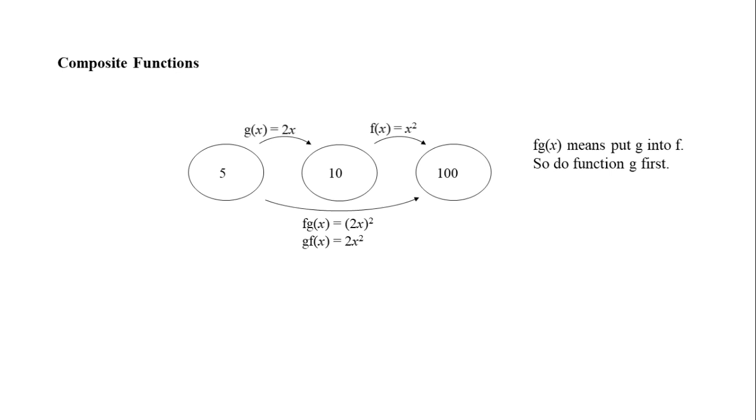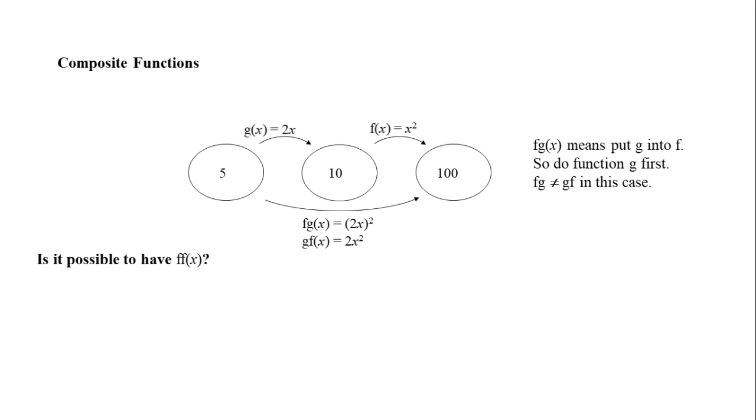G of f of x a while ago means put f into g. Now, put g into f. So do function g first. So f of g is not equal to g of f.